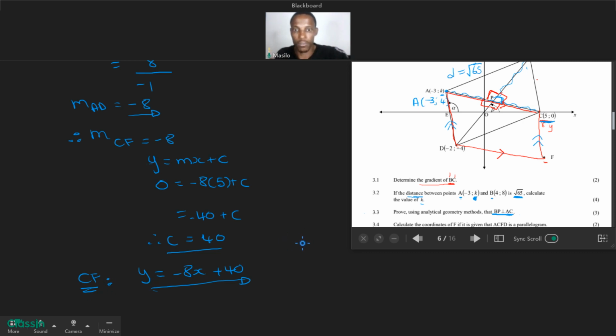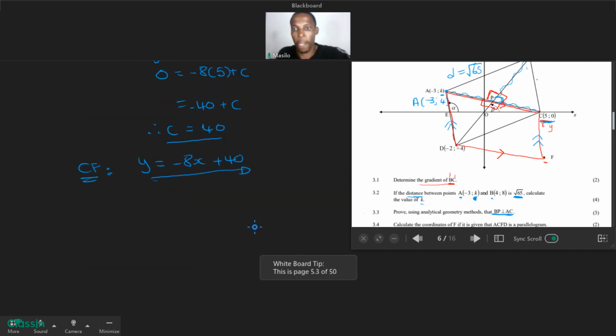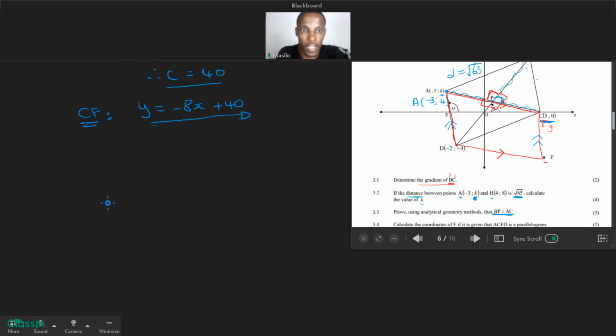And then again, we can also calculate the gradient of line AC, which is y2 minus y1 over x2 minus x1.